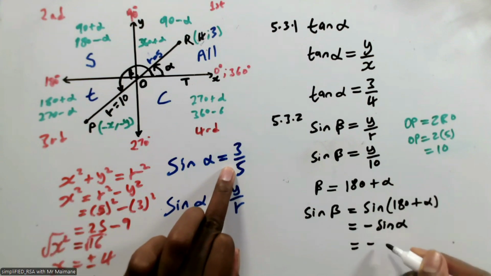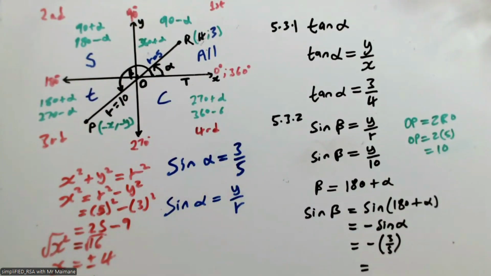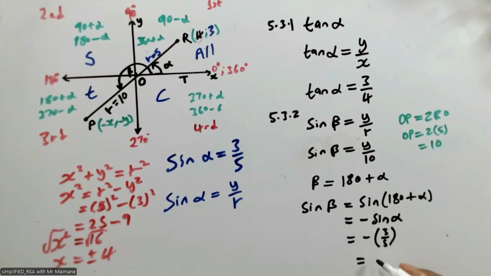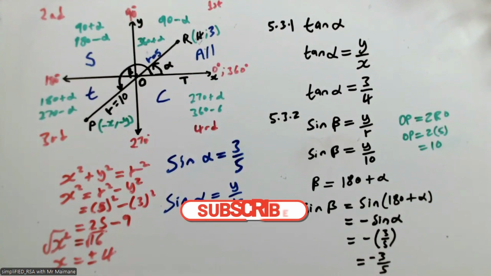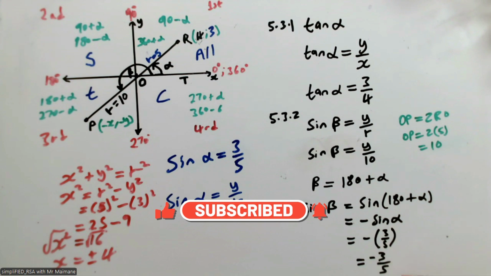So therefore, sine of beta is going to be just the same as minus 3 over 5 if I substitute there.